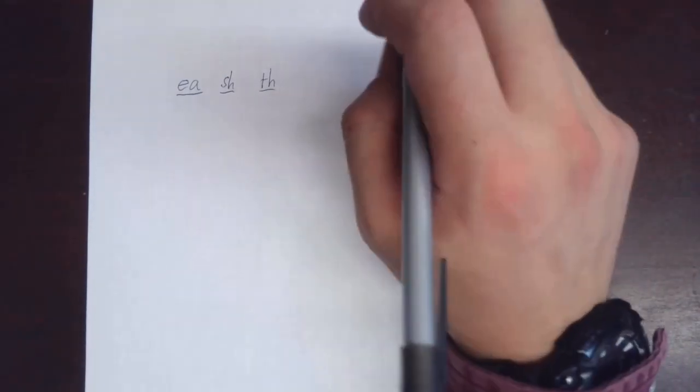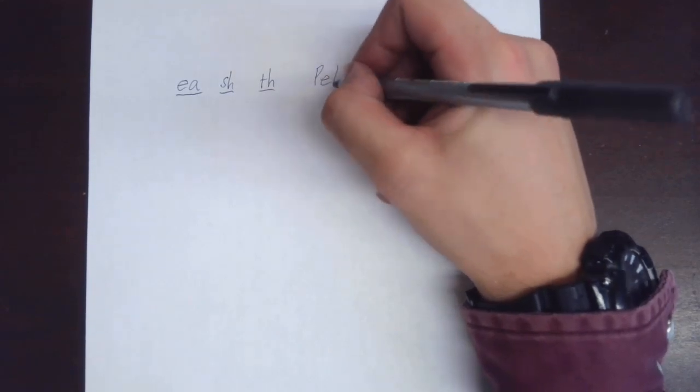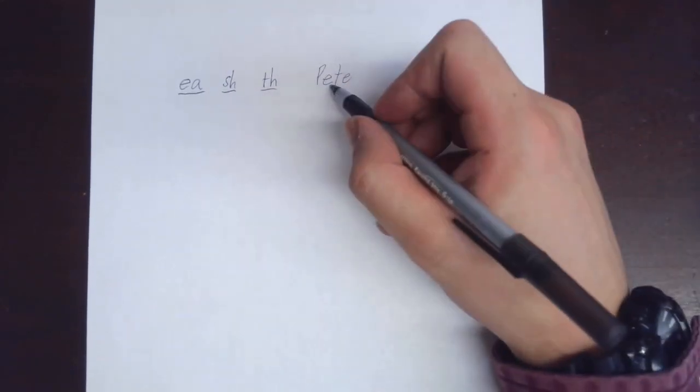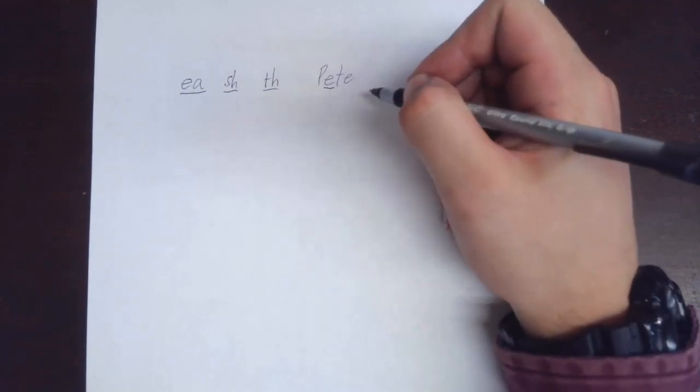Well, in a word like Pete, for example, this E is saying its name, it's not saying pet, so we underline it to show it.